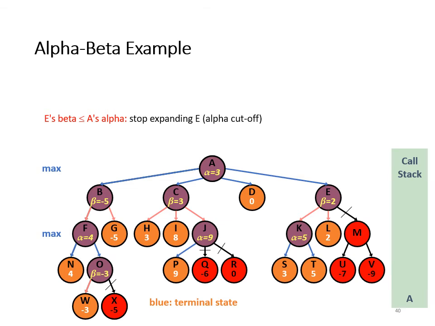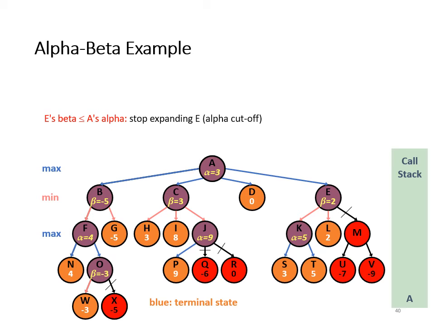So here you have seen that we have gotten the alpha value of 3 without exploring the nodes S, Q, R, U, V, M. So in this case, you are not going through all the depth, but in min-max search you have to explore all the depth.